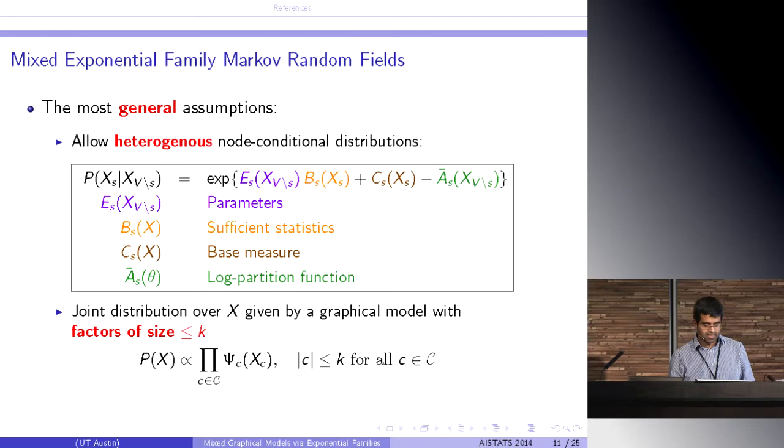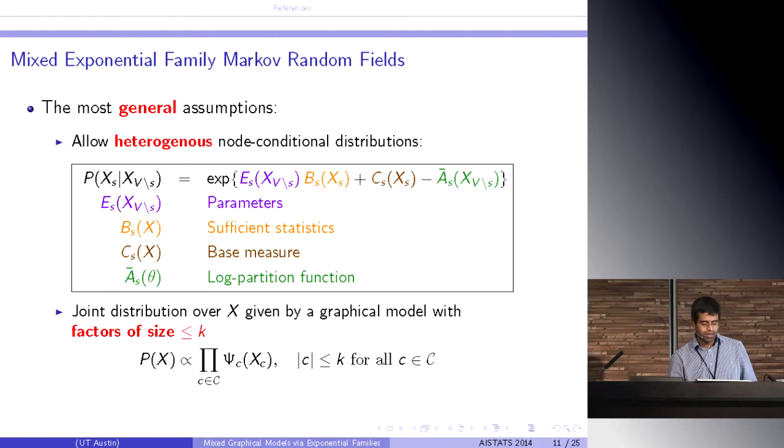Okay, so here is a more formal way of presenting that question. I have p random variables, and each conditional distribution of one variable, x sub s, conditioned on the rest of the random variables, belongs to an exponential family. What I'm saying is that given node s, fix a sufficient statistic and base measure. That's all you need to specify your exponential family.